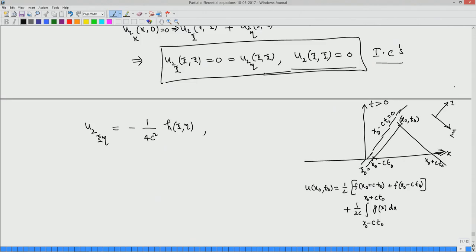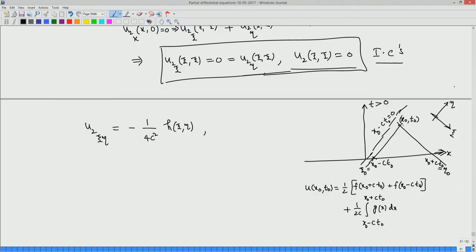This is your η axis, this is your ξ, and this is how it looks. This is equal to some η naught.